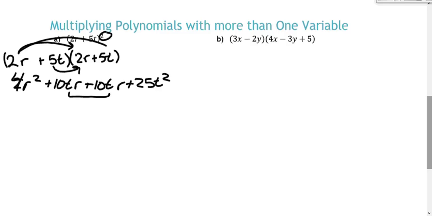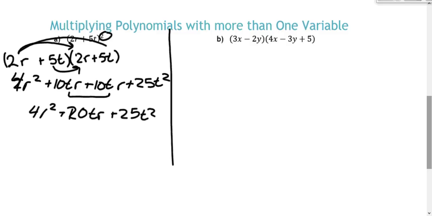This order doesn't matter if you go RT or TR. Just be consistent, so when you collect your terms, it makes sense that you're not leaving them by themselves because they do go together.